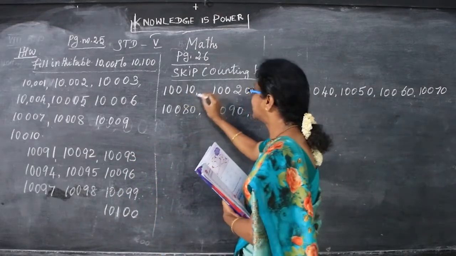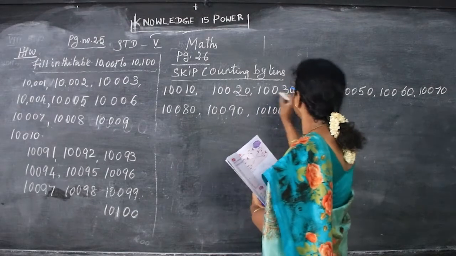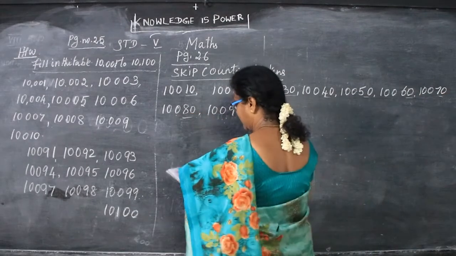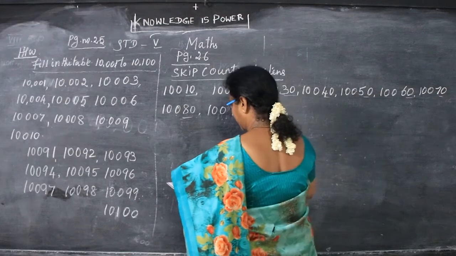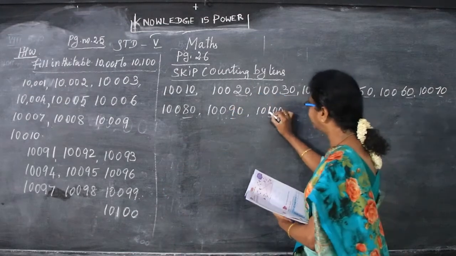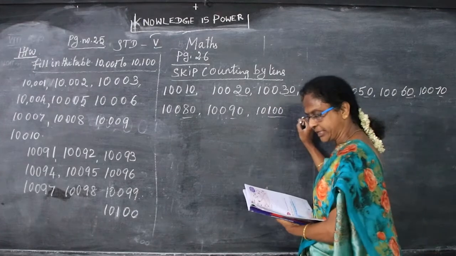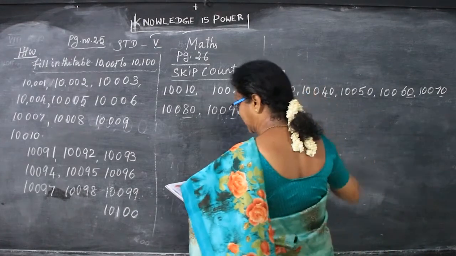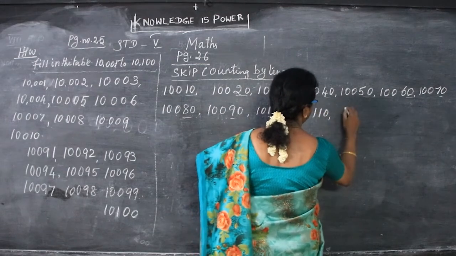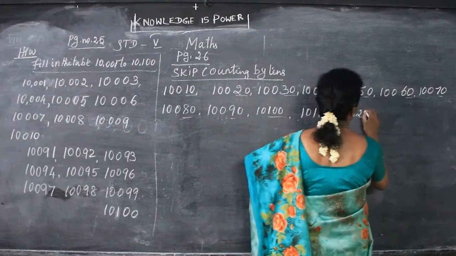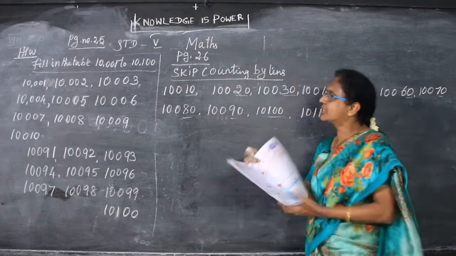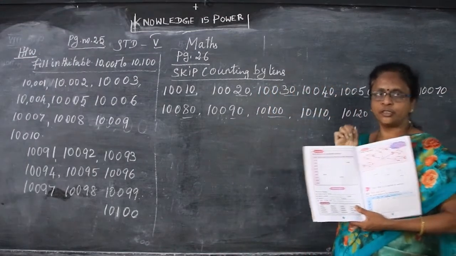So when skipping by 10s, it is 10, 20, 30, 40, 50, 60, 70, 80, 90 and 100. Here when writing 100, you have to remove one more zero. Then again 10,100, and after 100, 10,110, 10,120. So you can complete this in your book itself. You have this table, children. So complete this table also in the book.